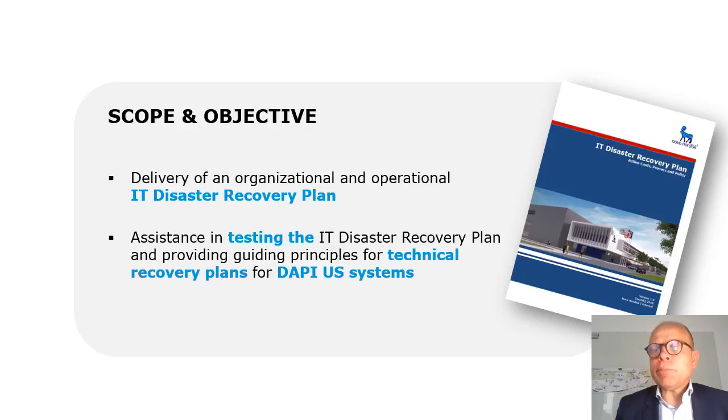It's organizational because we are not touching on specific systems and doing specific IT system recovery plans, but I'll get back to that. We're also assisting you in testing the IT disaster recovery plan and providing you with some guiding principles about this. So we'll be facilitating the test of the plan.